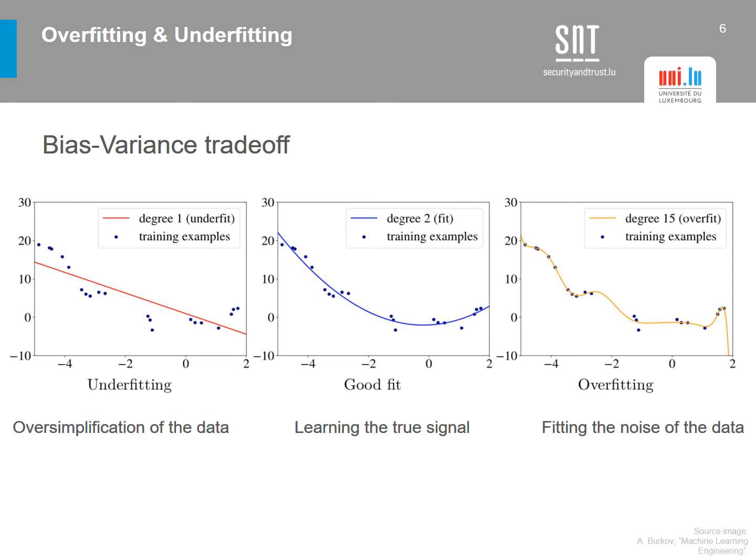As we discussed before, this is what we call underfitting because it represents an oversimplification of the data. It seems that the model could have learned more from the data. Now the case on the right is an overfitting case. Here, the model learns so much from the data that it is overfitting to the data.